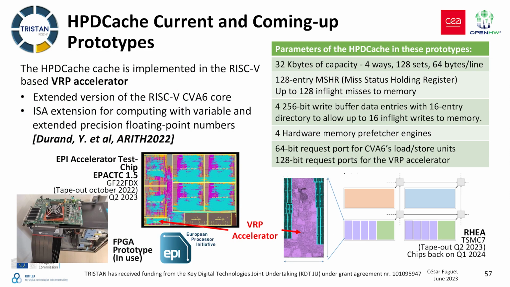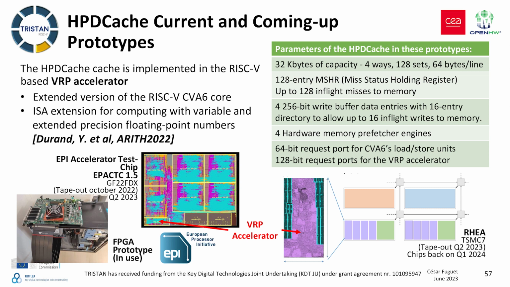So we have some silicon prototypes and some FPGA prototypes. This cache was developed during the EPI project, European Processor Initiative, a first version of it anyway. It was developed for our in-house accelerator called the VRP, for Variable Precision Accelerator. It's a RISC-V based core.